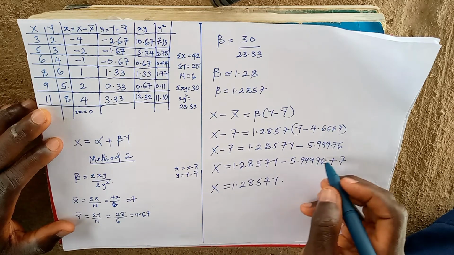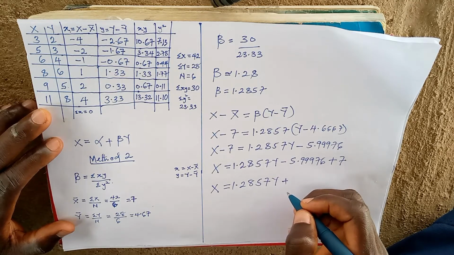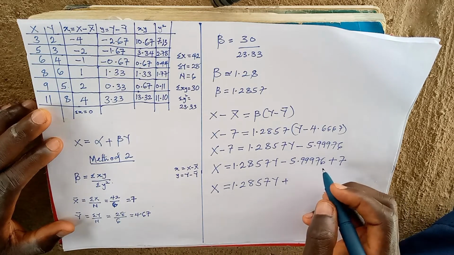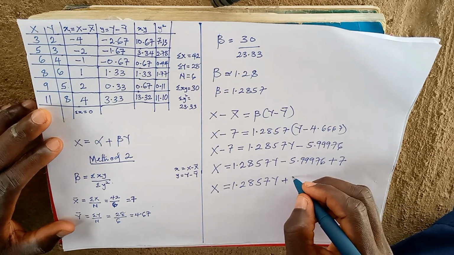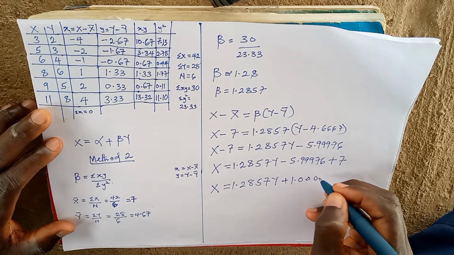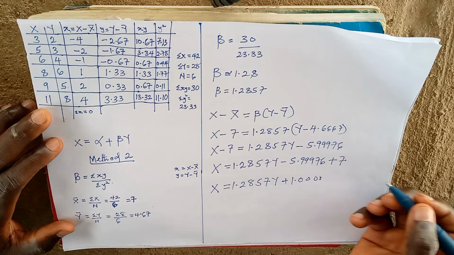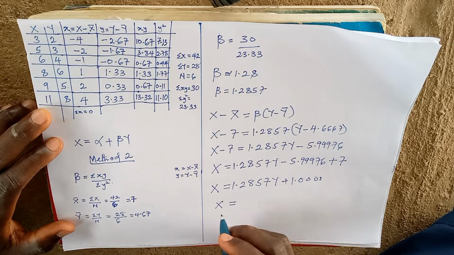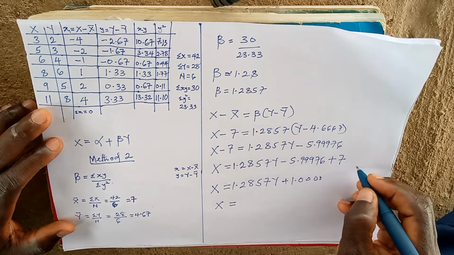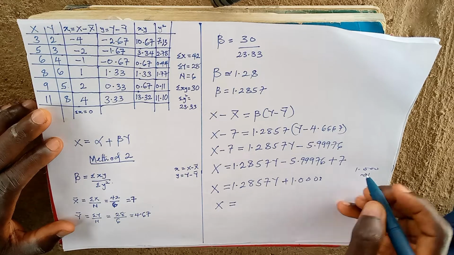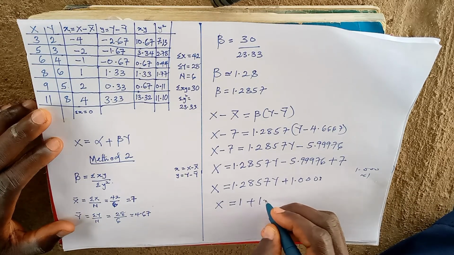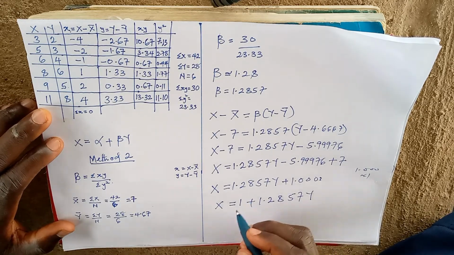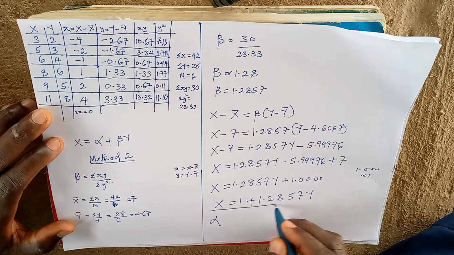By the time we approximate this, 1.000 approximates to 1, so we have 1 plus 1.2857Y, which means our alpha from this model will be equal to 1.